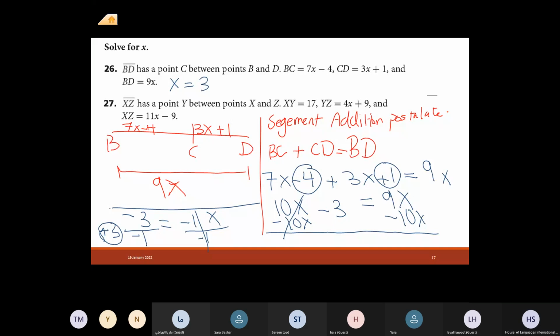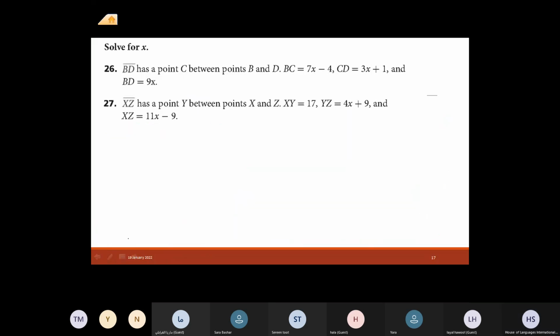Yes. Yalla, Nada. Remember the final answer of this question. Negative 3 divided by negative 1, 3. Okay, negative 1 cancels negative 1, so it's x.